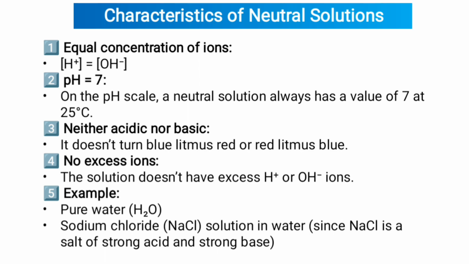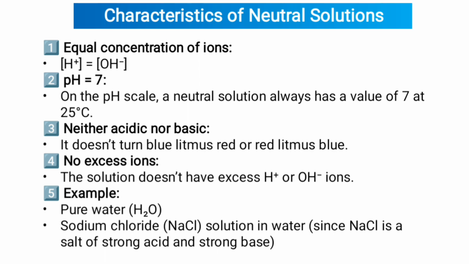Now, characteristics of neutral solutions. First one, equal concentrations of ions, when the concentration of H+ is equal to the concentration of OH-. Second one is pH is equal to 7. On the pH scale, a neutral solution always has a value of 7 at 25 degrees centigrade.